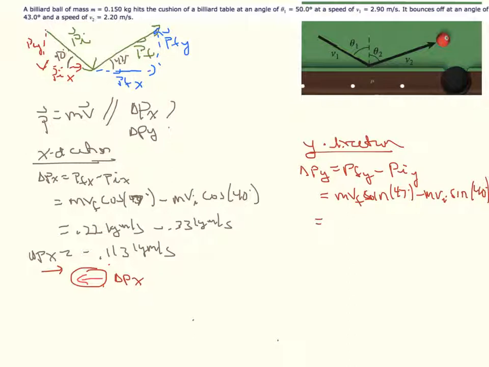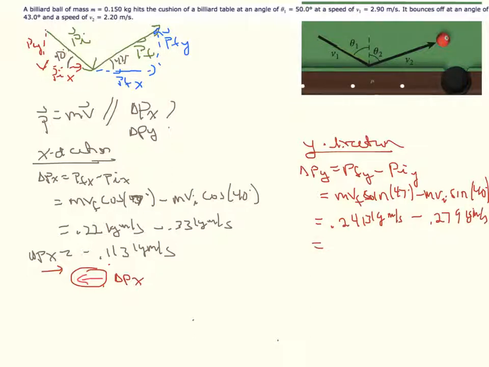And so then plugging in some numbers, I find that my final in the y is 0.2413 kilogram meters per second, and my initial in the y was 0.279 kilogram meters per second.